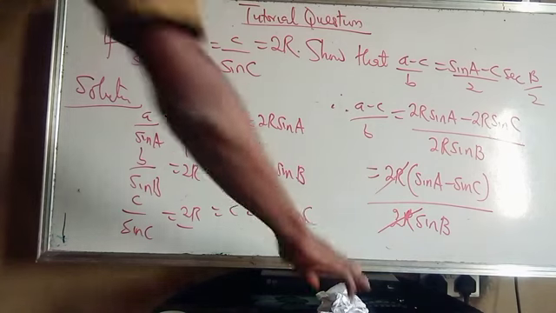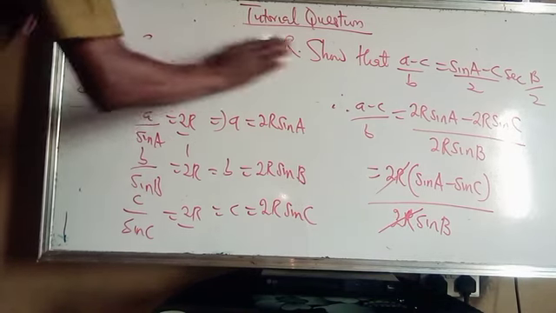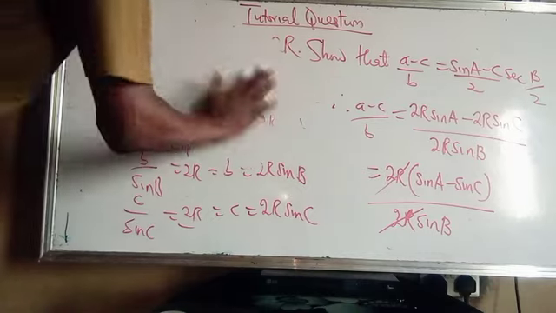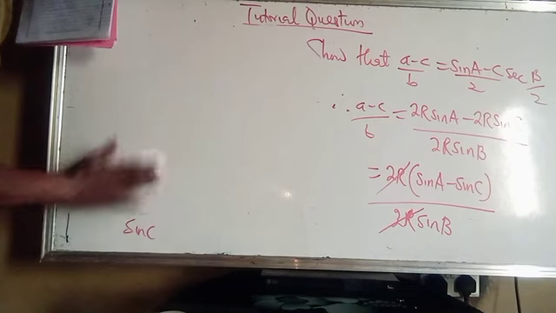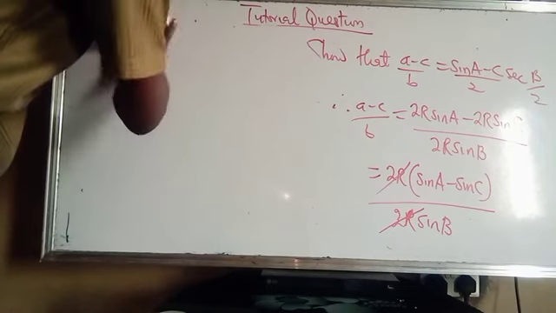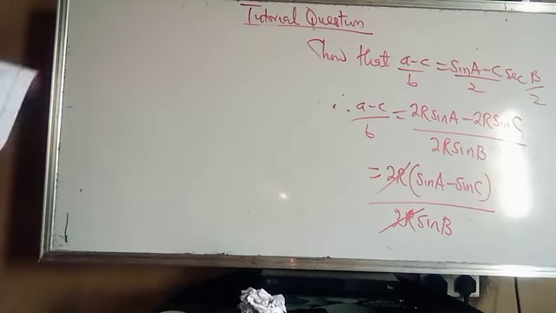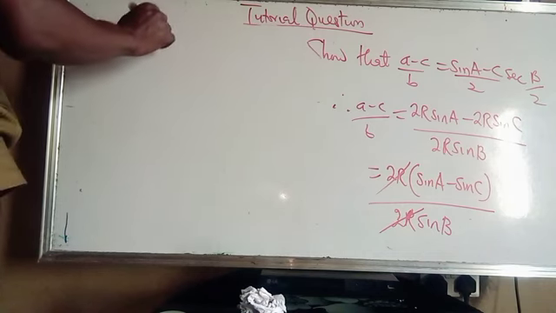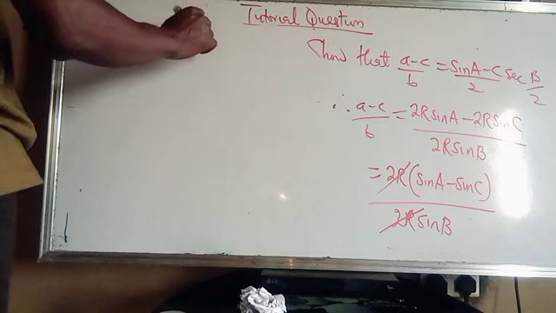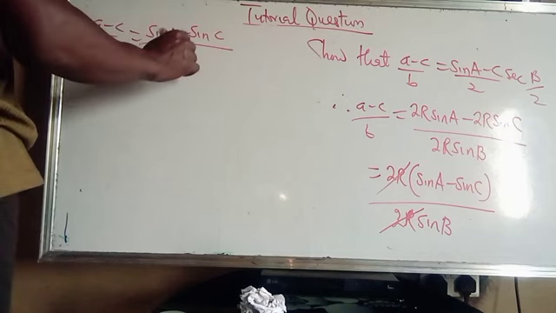We are now left with sine A minus sine C all over sine B. So now (A minus C) all over B is sine A minus sine C all over sine B.